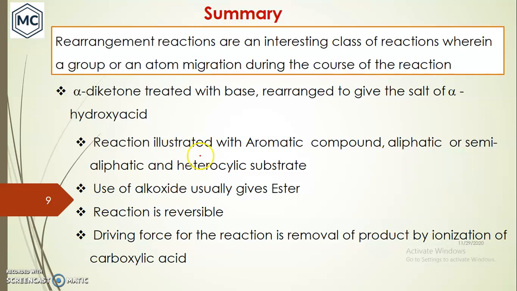This reaction is usually illustrated with aromatic compounds, but there are also many examples with aliphatic or semi-aliphatic heterocyclic substrates. And if you are using alkoxide, it usually gives an ester, and the reaction is reversible. The driving force for the reaction is that removal of the product is possible by ionization of the carboxylic acid.